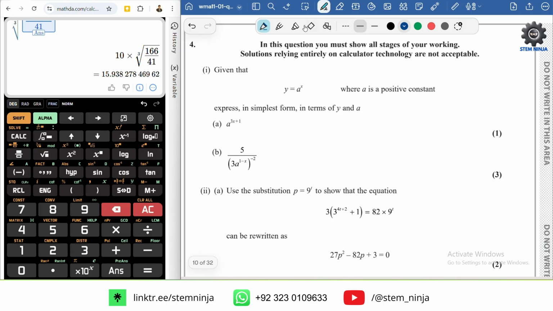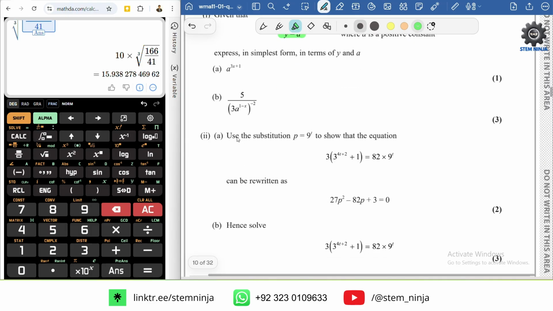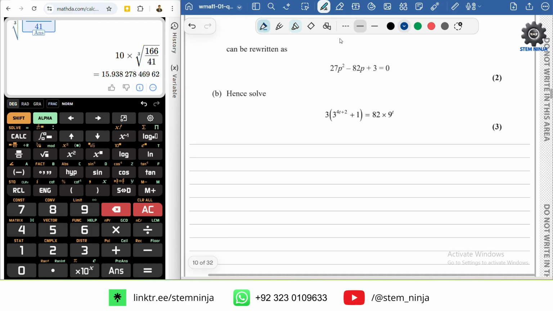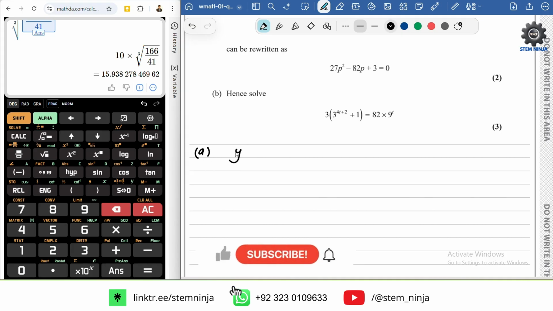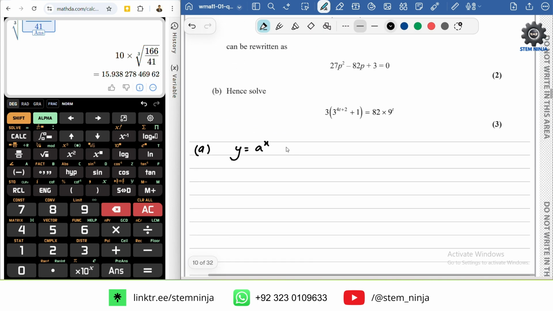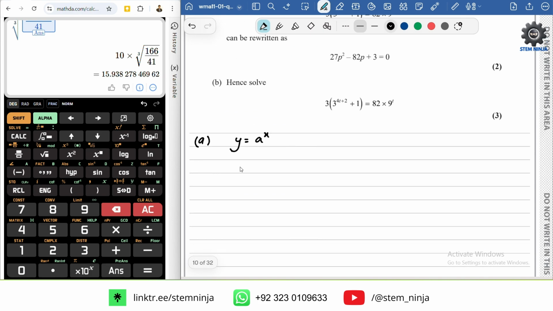Question number 4. Given that y equals a raised to power x, express in the simplest form, in terms of y and a, a raised to power 3x plus 1. So what we have is y equals a raised to power x, and we need to figure out what a raised to power 3x plus 1 means.